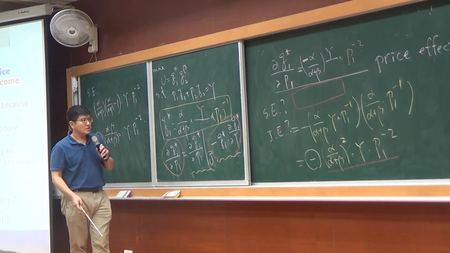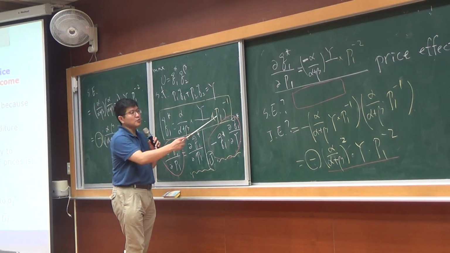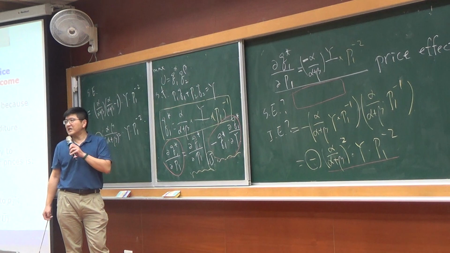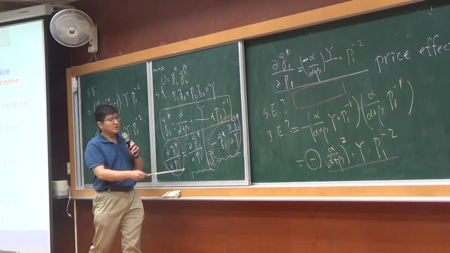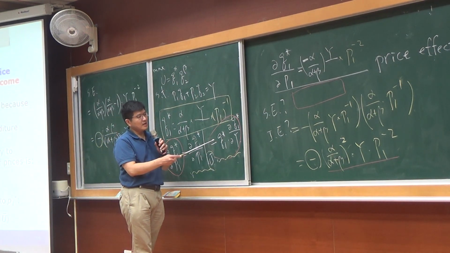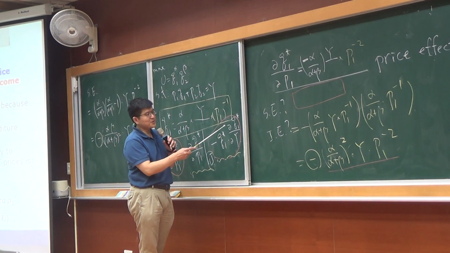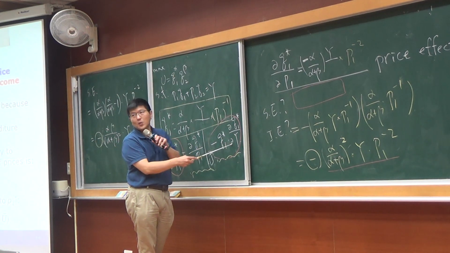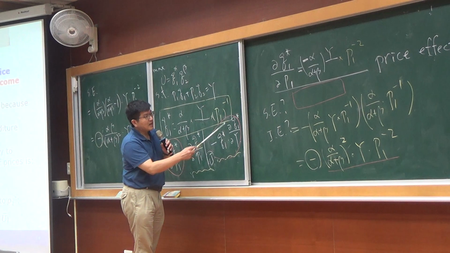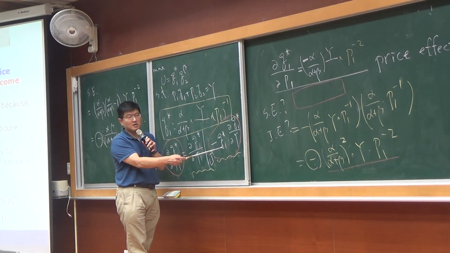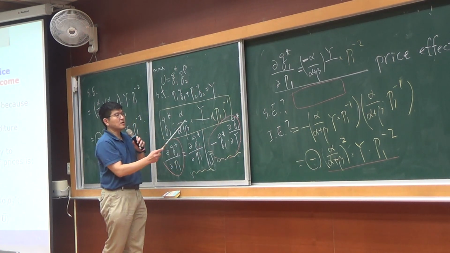And also, it's not difficult to derive the income effect, which is negative Q1 star times partial Q1 star partial Y. So not difficult to solve this part. And also this we already have.